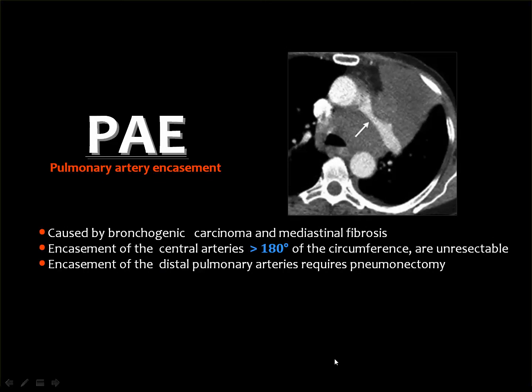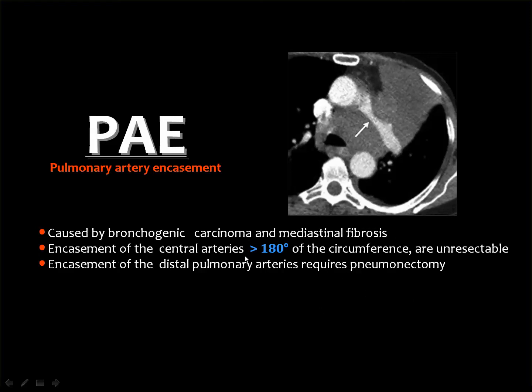And this is a good example of numerous miliary metastatic deposits scattered throughout the lung in a patient with sigmoid carcinoma. Now we come to pulmonary artery encasement, which means that the pulmonary artery or one of its branches is totally surrounded by a neoplasm or an inflammatory process, for example. The most common lesions that can produce pulmonary artery encasement are bronchogenic carcinoma and mediastinal fibrosis.